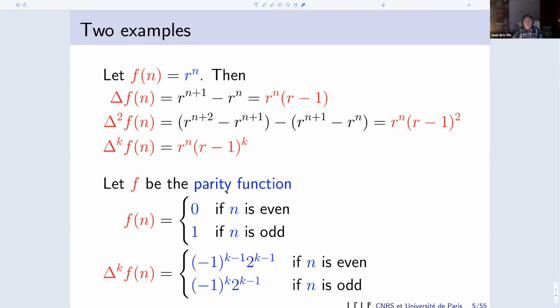If you consider the parity function, which is 0 if n is even and 1 otherwise, and if you make a small computation, you show that this is essentially 2 to the power k minus 1 with a sign which depends on k. And this depends on the parity of n, sorry.